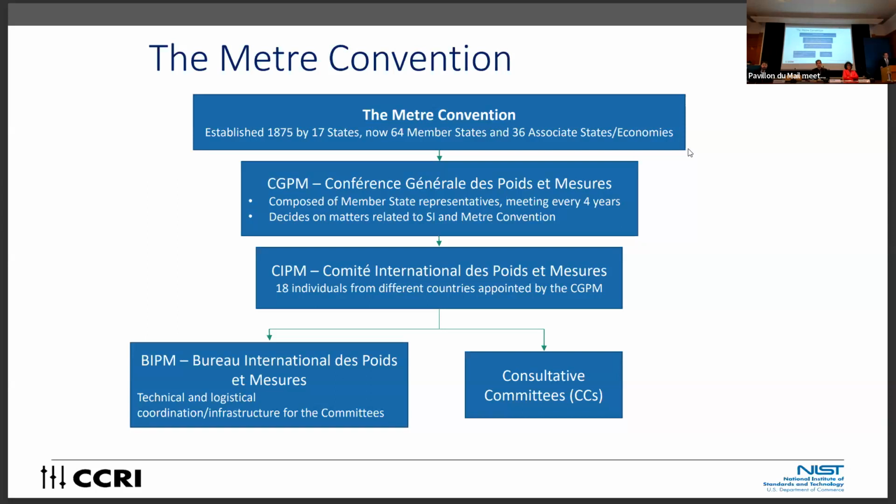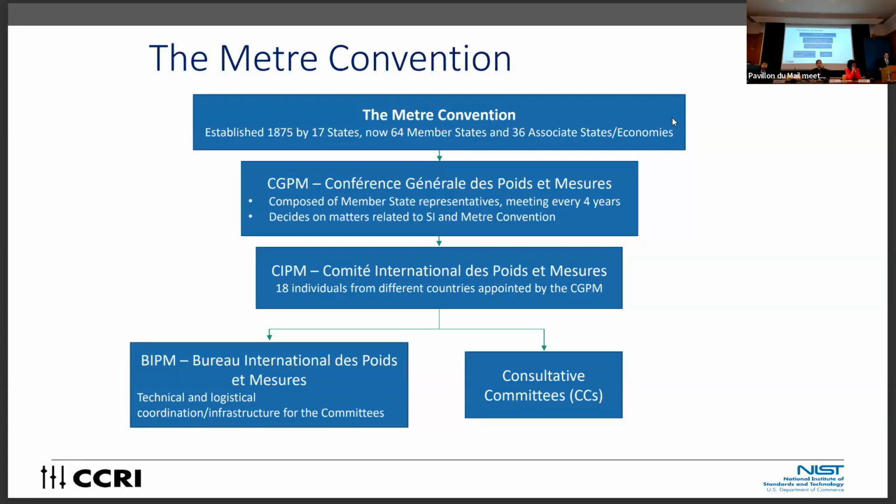The meter convention is administered primarily through the General Conference on Weights and Measures, composed of the member state representatives that meet every 4 years. They are the body that decides how the different units are defined. You may have heard that there was a redefinition of the SI a couple of years ago, and that was decided on by that body.